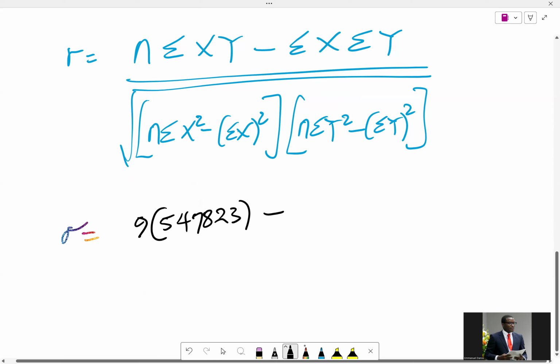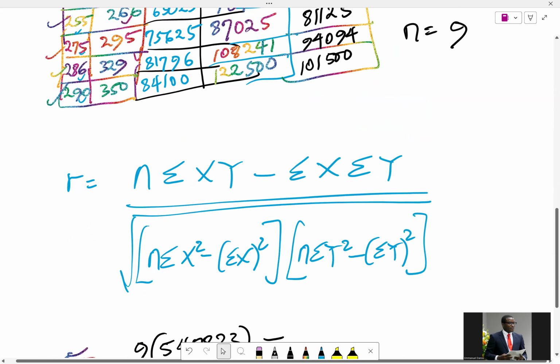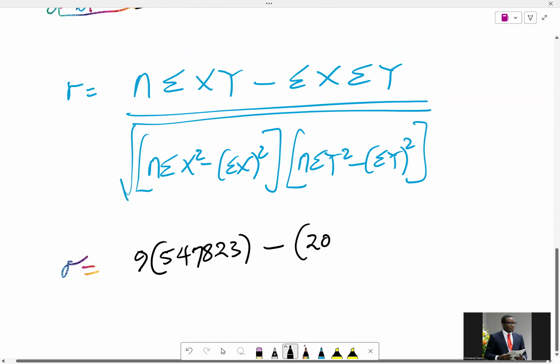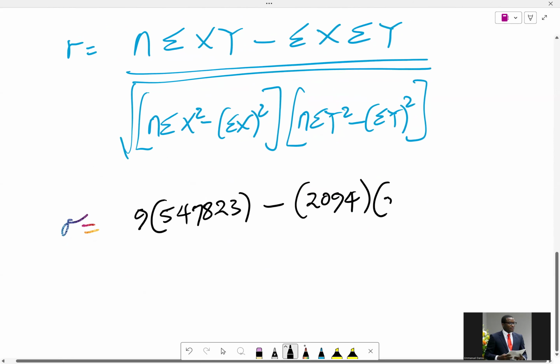547823. Summation X is 2094, multiplied by summation Y, 2254.